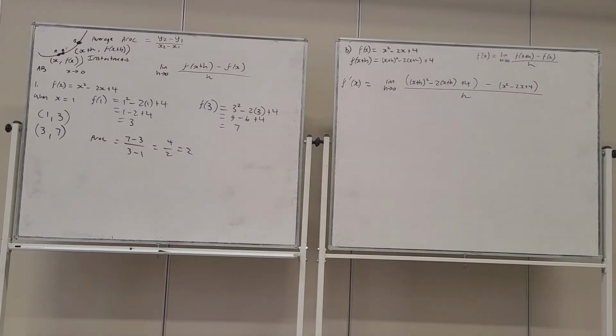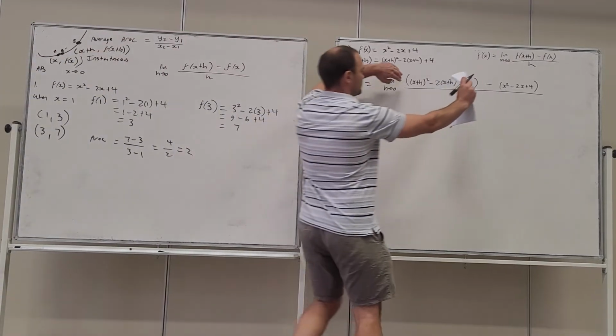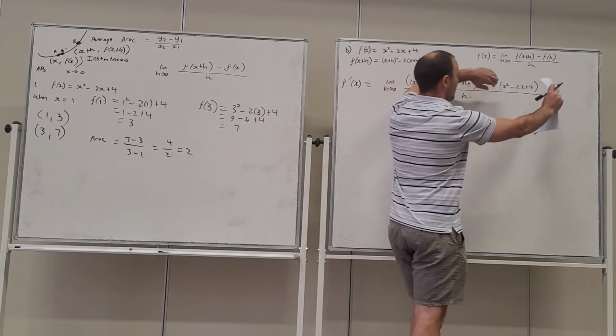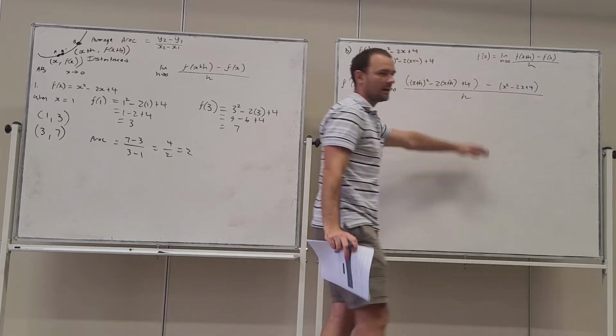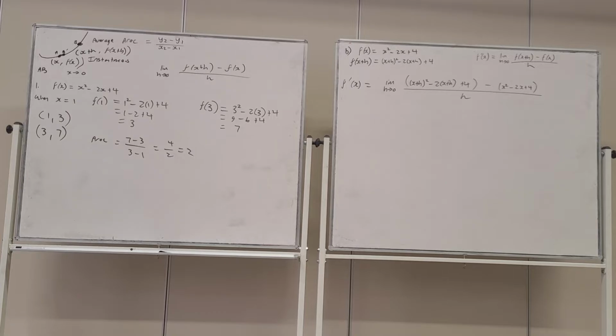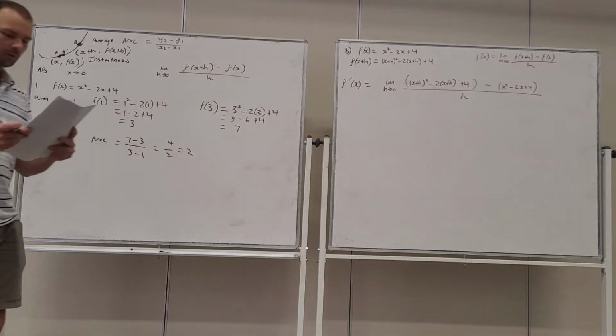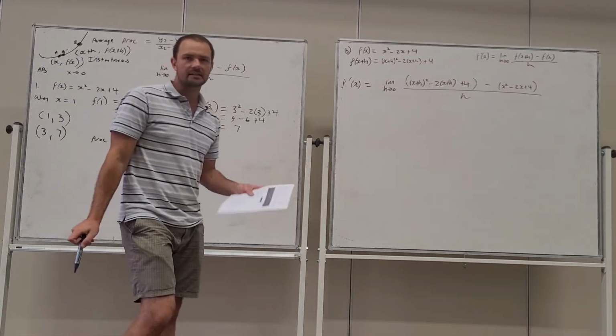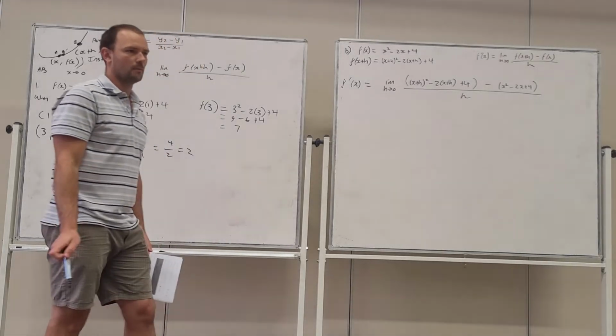Okay, so very clearly I've put f of x plus h in brackets. Here's f of x plus h, take away f of x all on top of h. That's step 1, input into the formula. Step 2, fully expand and collect like terms.